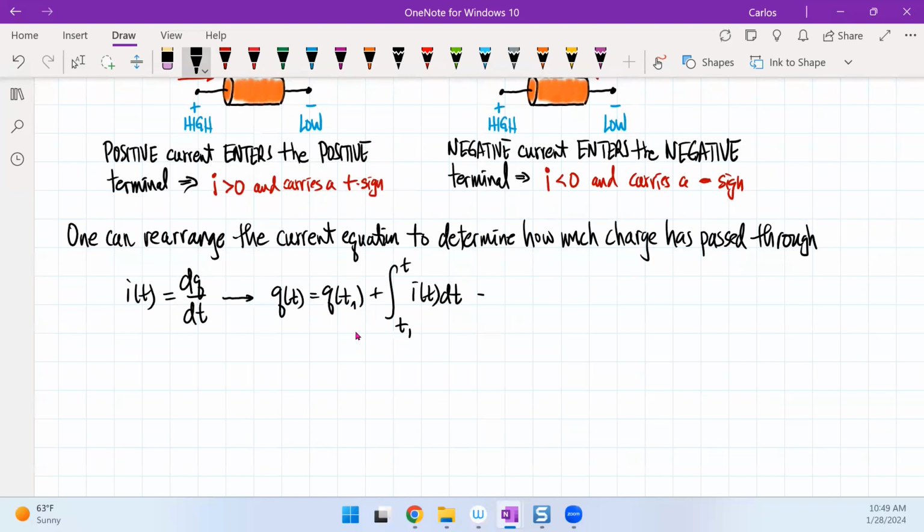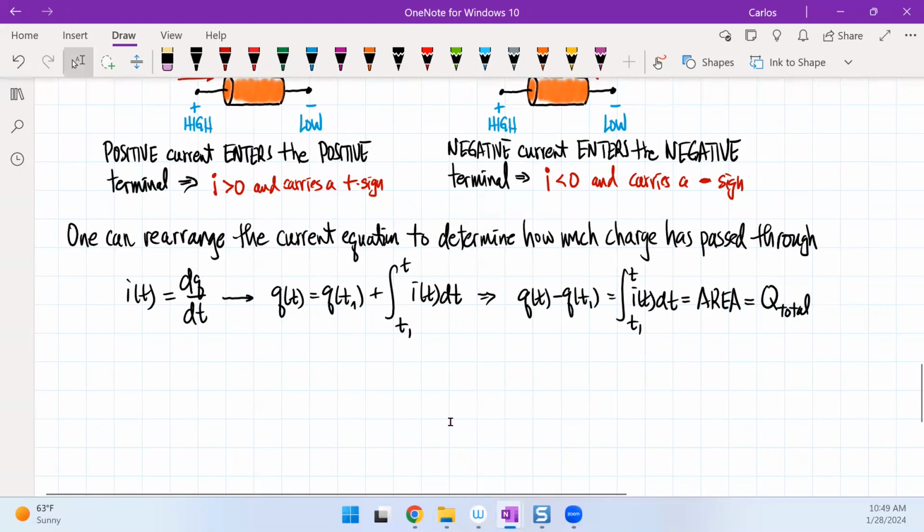But if we rearrange this just a tiny bit, we could then see that q of t minus q of t1, well, this is just an integral. And this integral then is the area, and this represents the total charge.